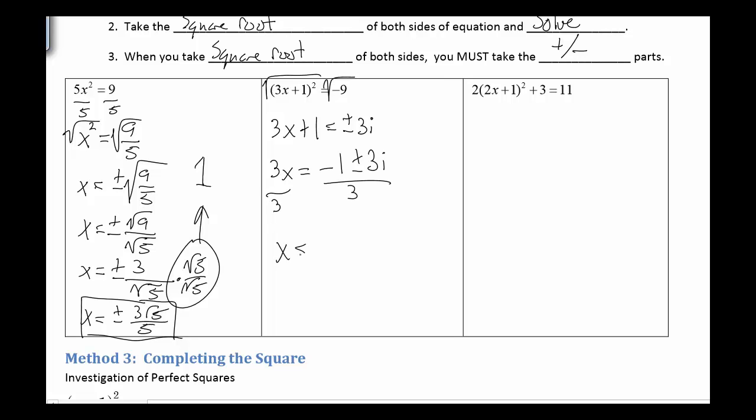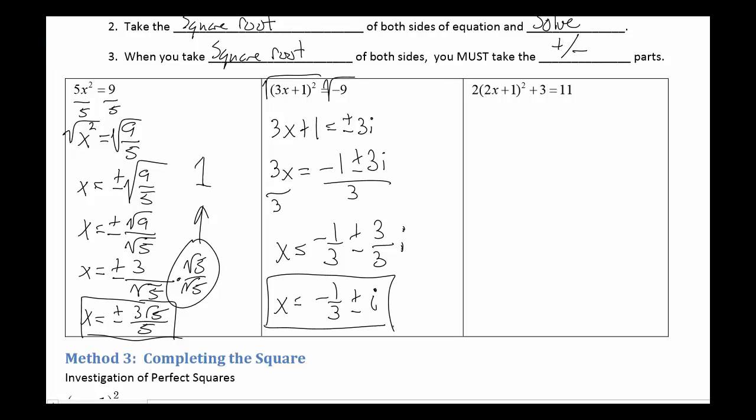So I get x equals, and then I'll split that up: -1/3 plus or minus 3i over 3. Now that 3 over 3 we can reduce. So -1/3 plus or minus i is our final answer. Perfectly fine answer.